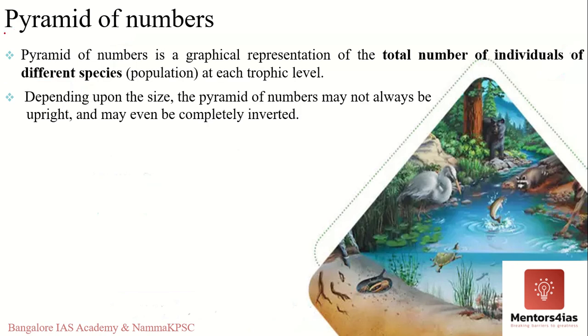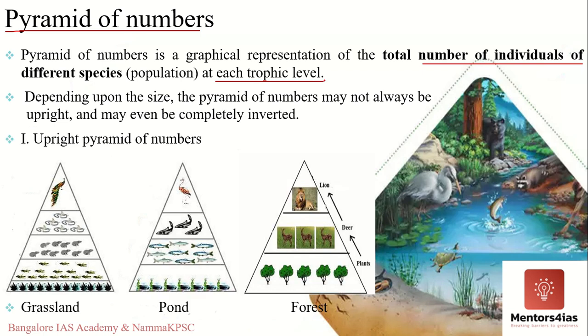The pyramid of numbers represents the number of different organisms that occupy each trophic level without considering the size or biomass at any particular level. The pyramid of numbers may be an upright pyramid or an inverted pyramid.